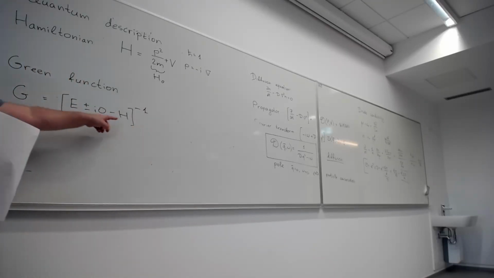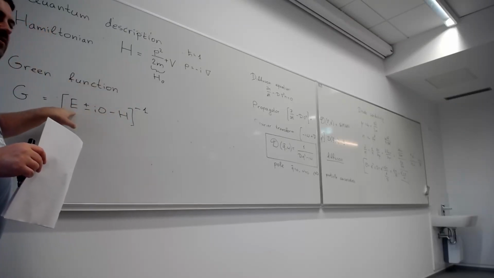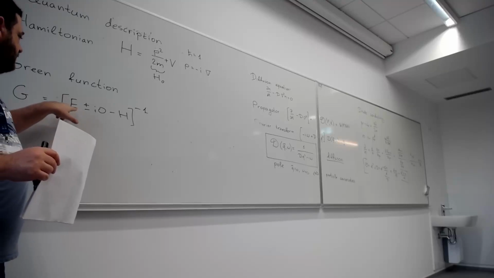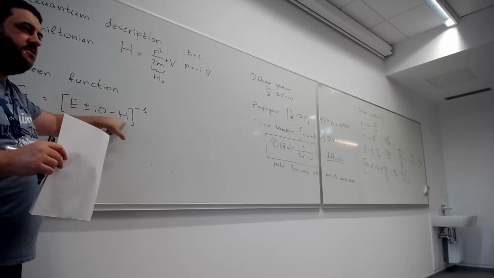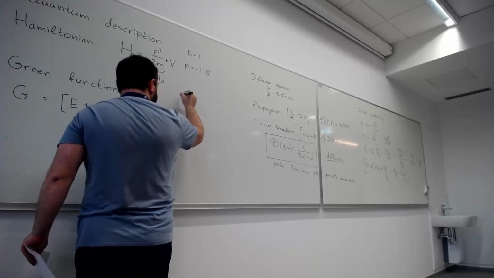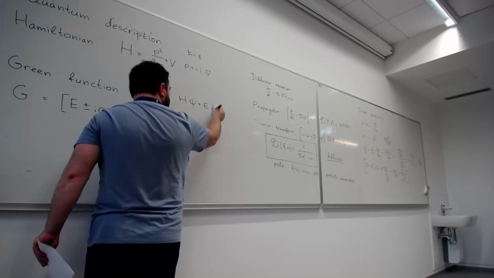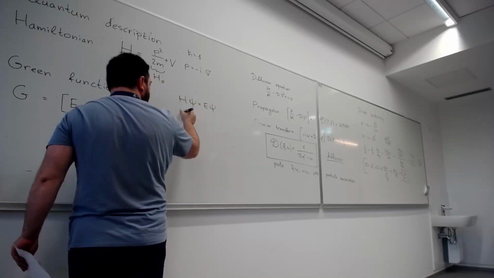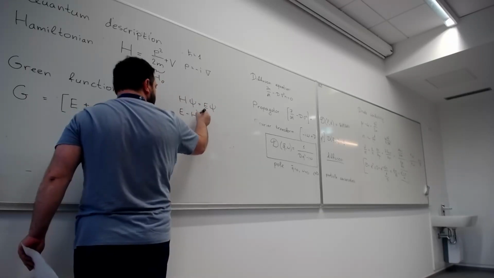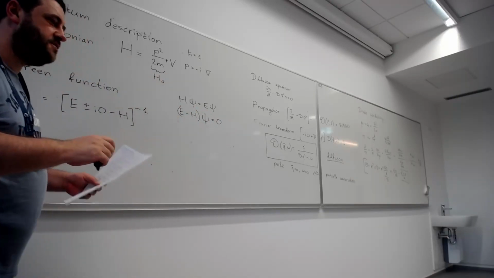So we have our Hamiltonian, which is an operator. We have energy, and we can write energy minus H and invert it. So in the Schrödinger equation, we have H times psi equals energy times psi, or energy minus H times psi equals 0. This is the Schrödinger equation.